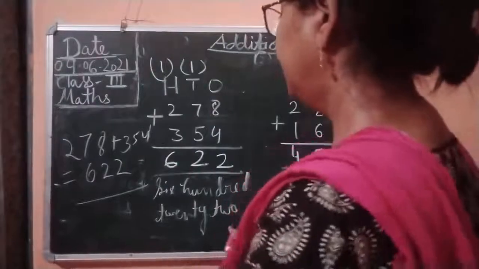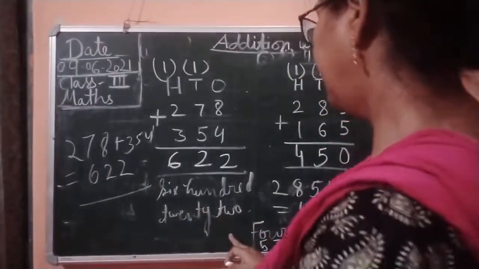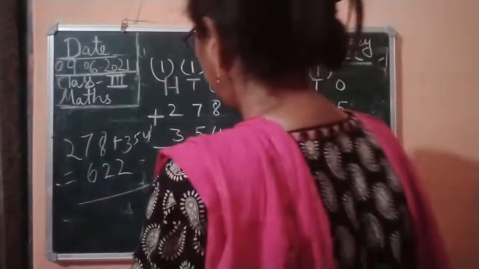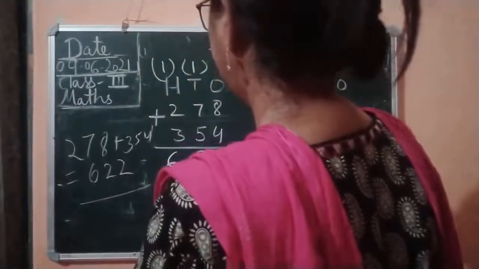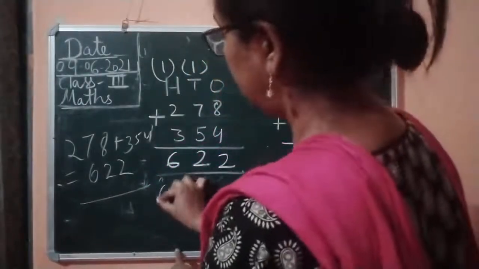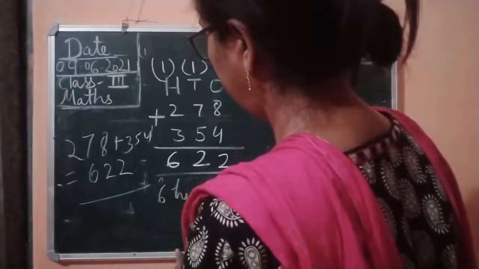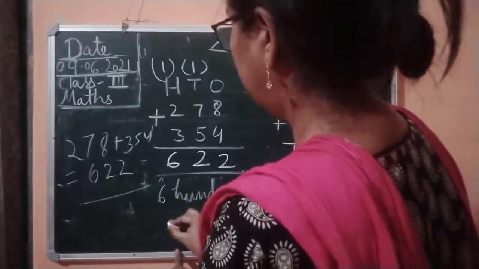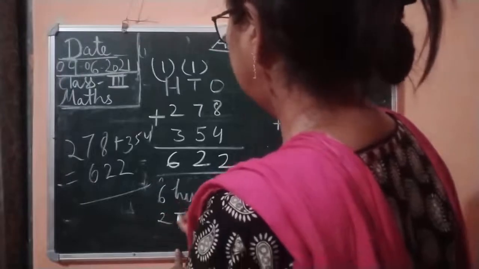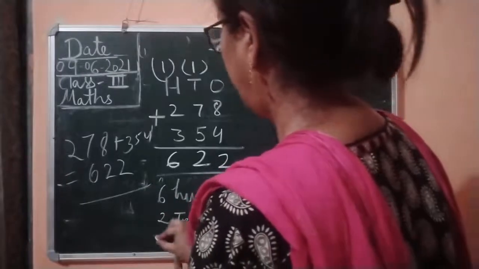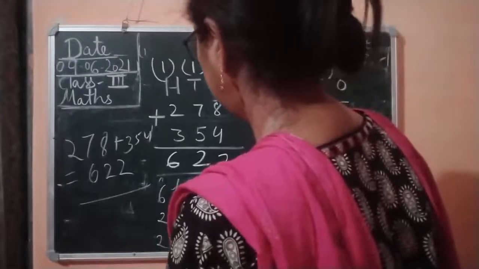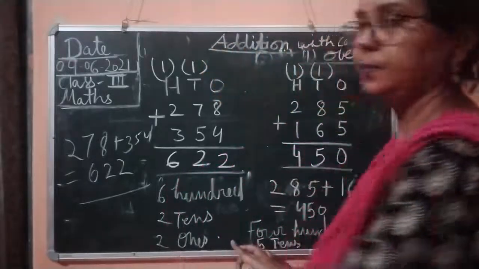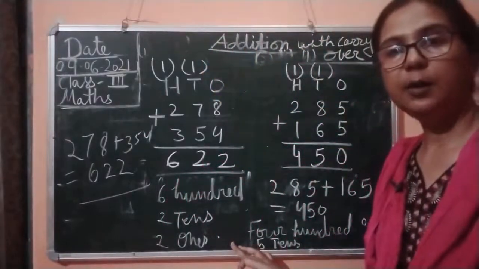Now after this we will write it in expanded form. We can write 600, 2 tens and 2 ones. Okay, like this. Okay, children, complete it.